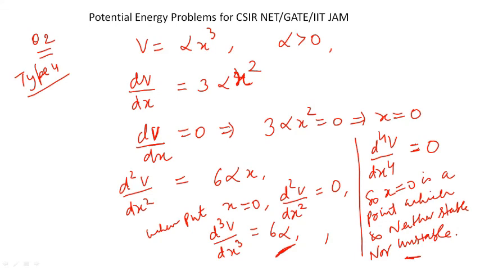Right? So hope you have understood it, that if the even derivative terms of V are equal to 0, then that point will be neither stable nor unstable. Thank you.